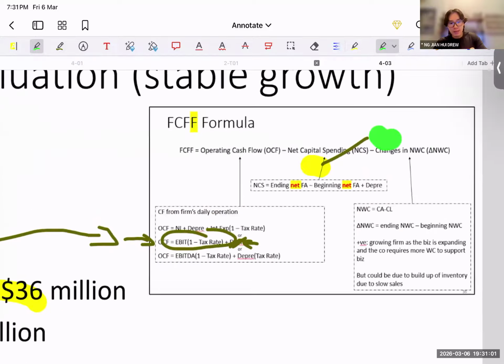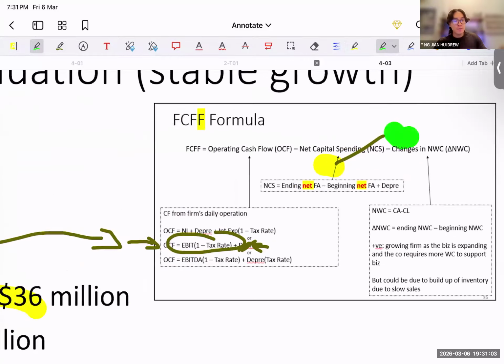So I'm just going to zoom in on the formula here. The formula is actually the change in net working capital. We're looking at the change. So basically, we need to calculate the working capital for one year and the working capital for the second year, and then find the difference.